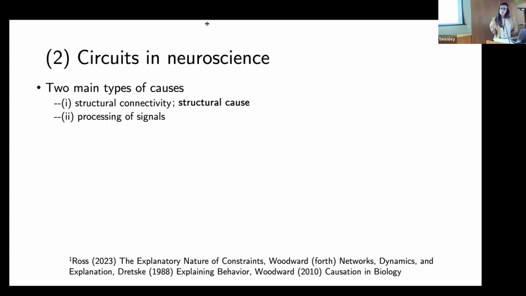Both Jim and myself have work on what it means for something to be a structural cause and causal constraints. In this case, our structural cause is constraining the flow of a signal moving through the system. The processing of signals, I think, is a causal element that is understood as a kind of computational cause.